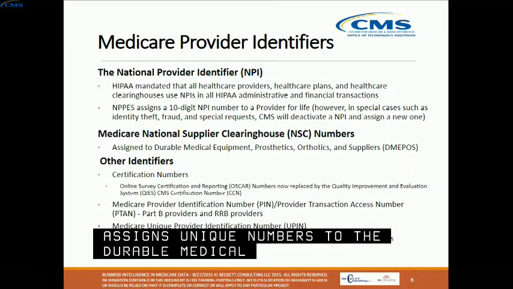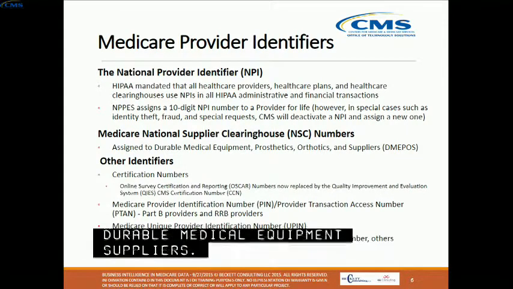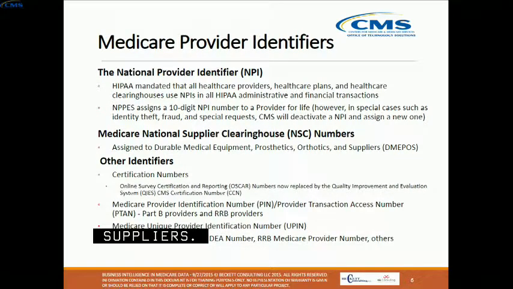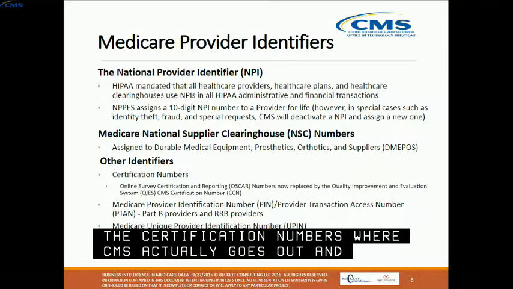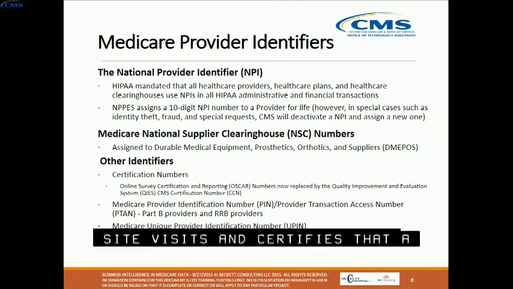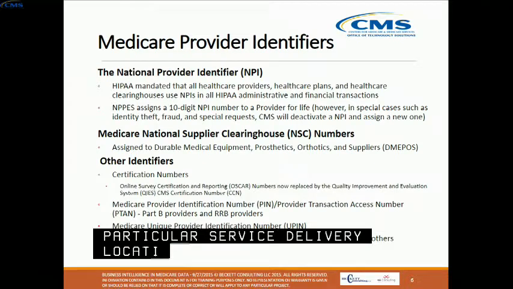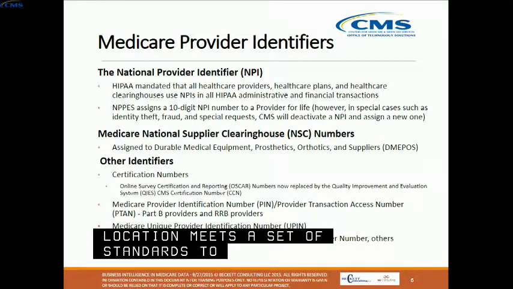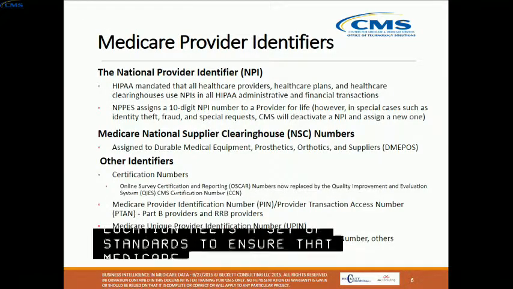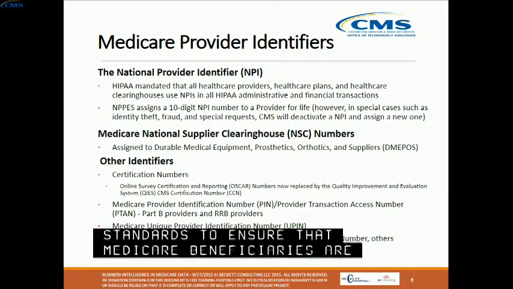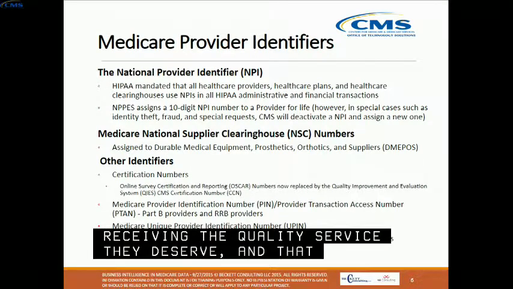There's certification numbers where CMS actually goes out and does site visits and certifies that a particular service delivery location meets a set of standards to ensure that Medicare beneficiaries are receiving the quality service that they deserve, and that these service delivery sites, in fact, meet a certain set of standards.